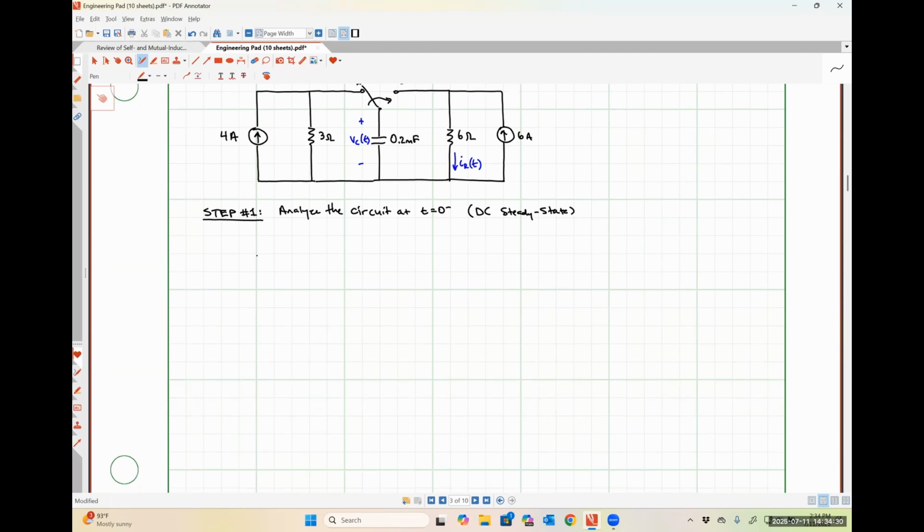So I'm going to draw this circuit at t is equal to 0 minus. So here's our 4 amp source. Here is our 3 ohm resistor. Terminal A and my closed switch. Here is the open circuit representing my capacitor. Terminal B over here is open circuited.